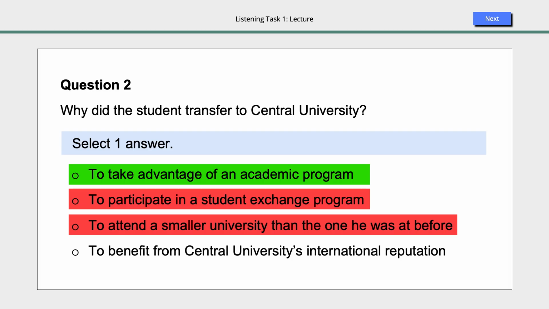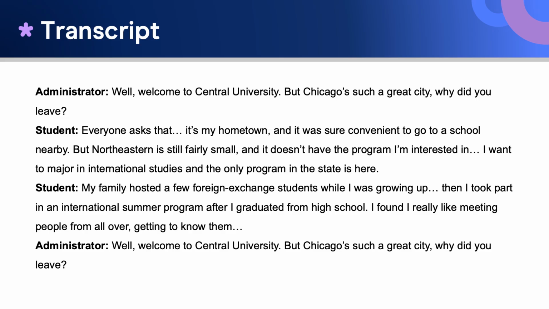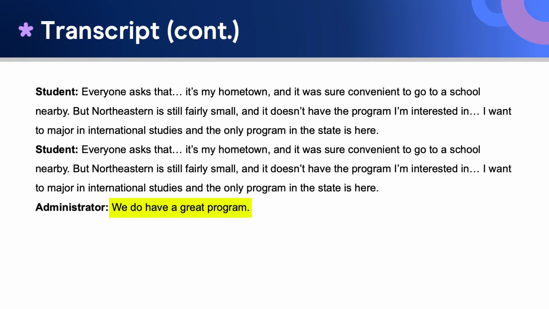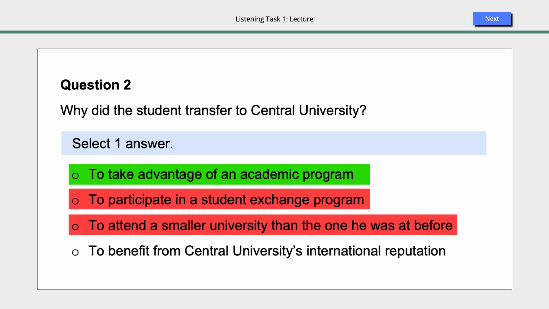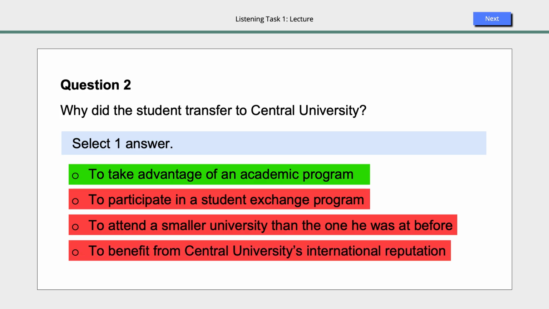So he does mention the size of the university being small, but he doesn't give this as a reason for moving there. Then the final option is to benefit from Central University's international reputation. We could hear the student mentioning international studies, and the administrator said, we do have a great program. Is that the same as saying the university has an international reputation? No, it's not.